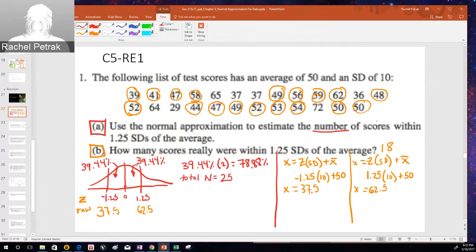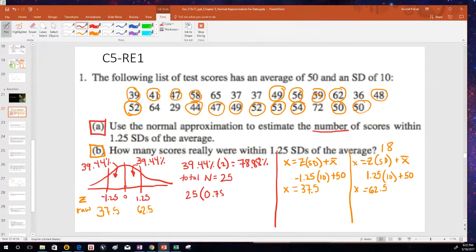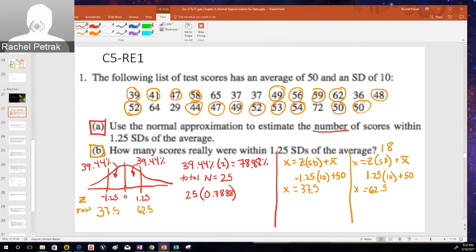I just counted them. And if we want to know how many are within this proportion, we take 25 times the proportion, not the percentage. And then we will have the number that falls within any part of the distribution that is equivalent to 78% approximately.